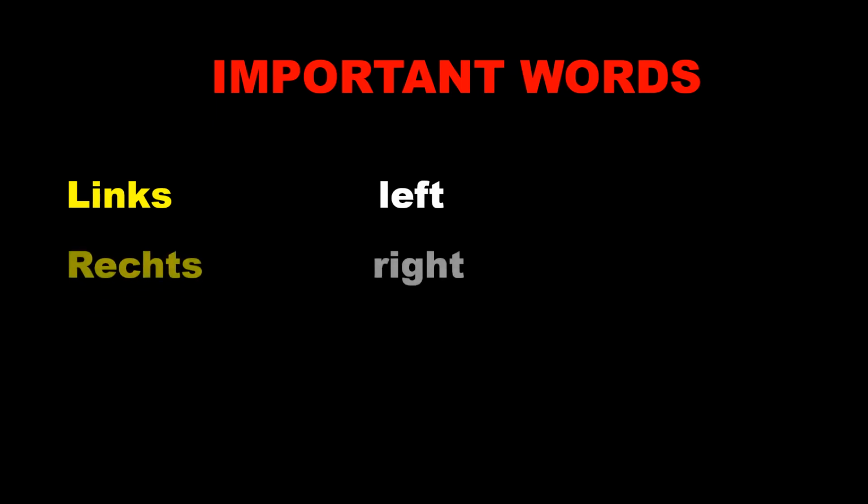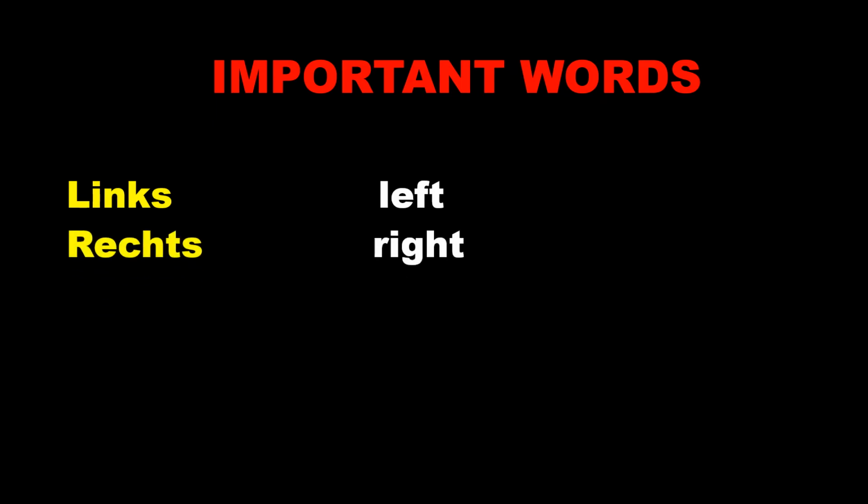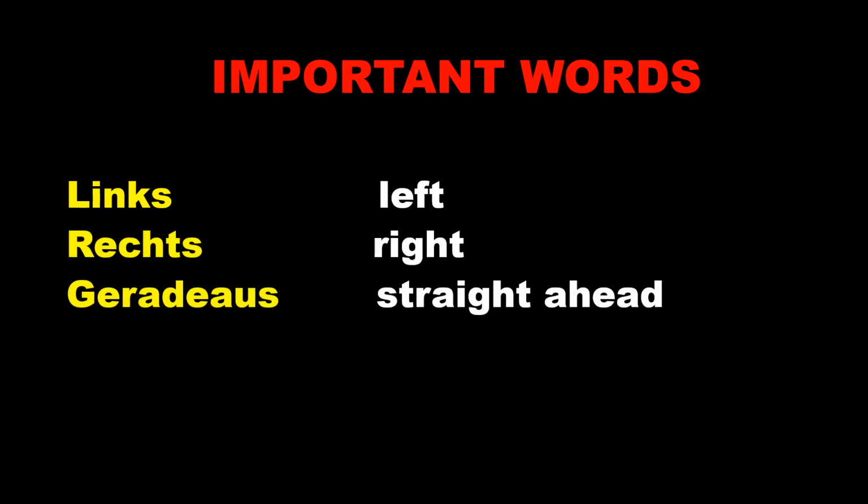Now, before going further, let's first have a look at important words which are related to directions. Here is the first list of these words. Links, which means in English left, rechts, right, geradeaus, straight ahead, vorbei, an, past.